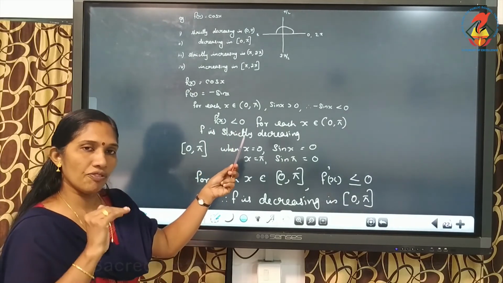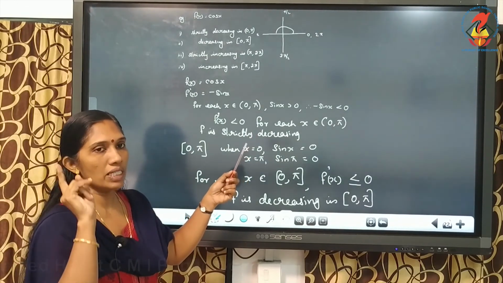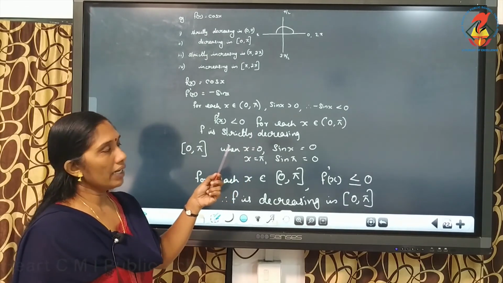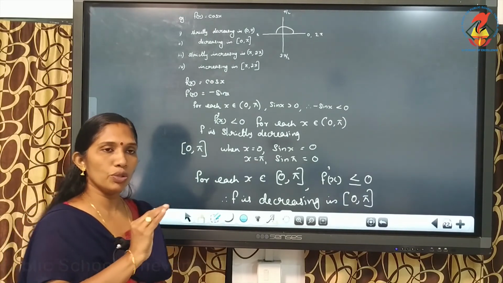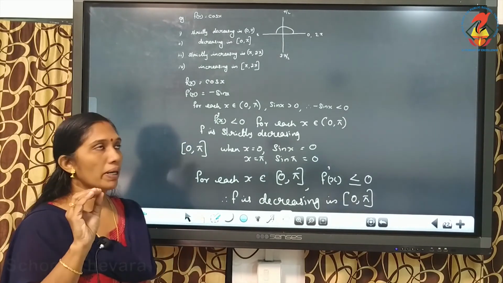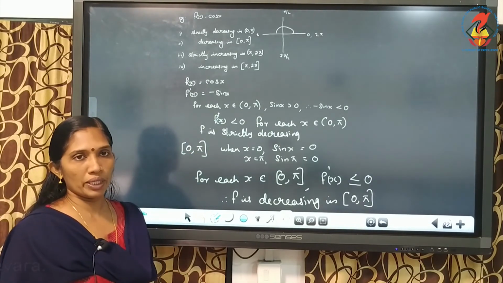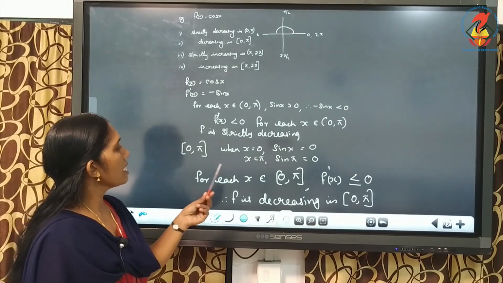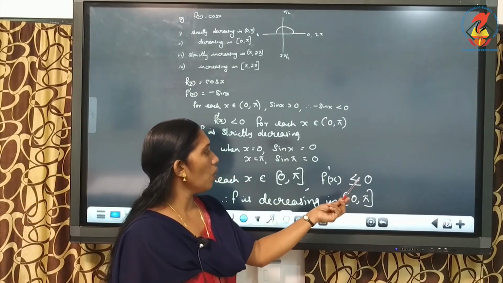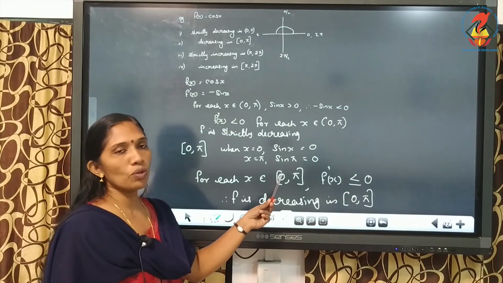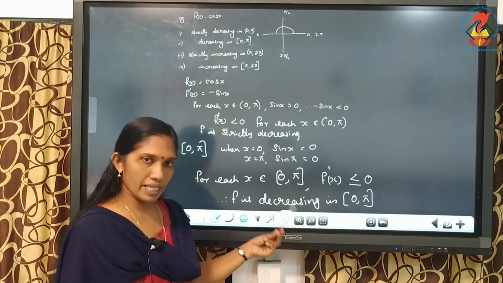So, we can say that function is strictly decreasing in open interval 0 to pi. Then when we consider the closed interval 0 to pi, we have to include 0 and pi. Sin value is 0 at these two points. So, f dash x is less than or equal to 0 for each x belongs to closed interval. So, we can say that function is decreasing.